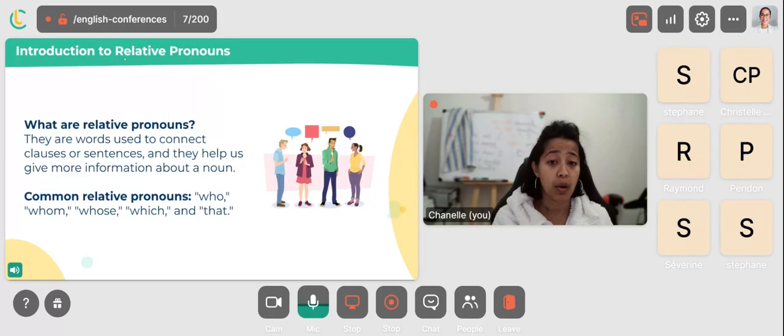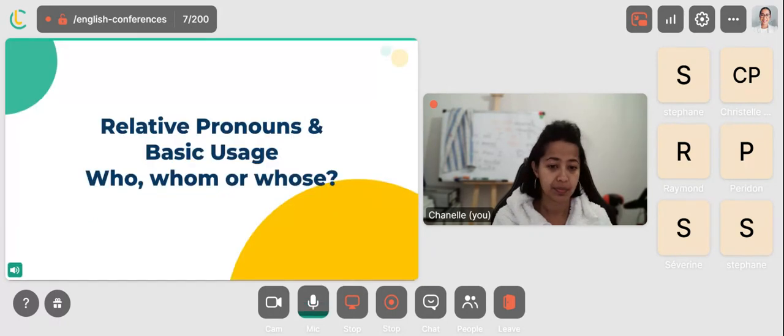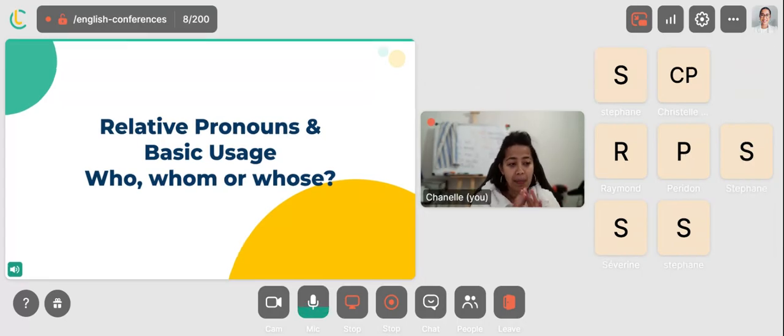Common relative pronouns that you find in English are who, whom, whose, which, and that. So what are the basic uses of these pronouns? Who, whom, and whose?